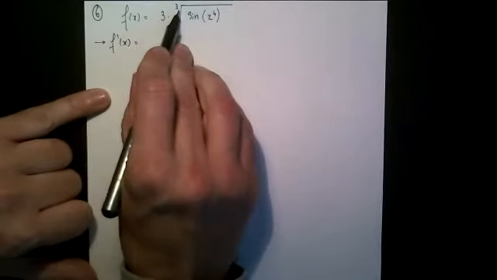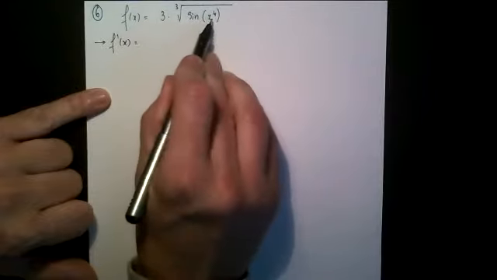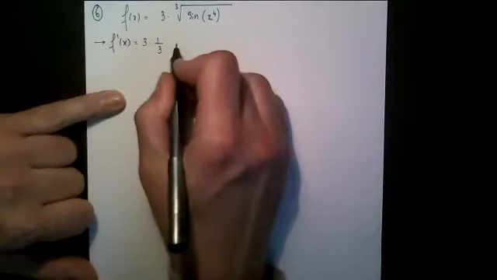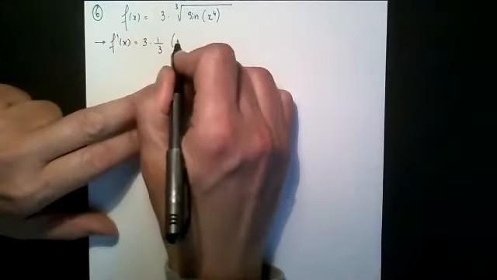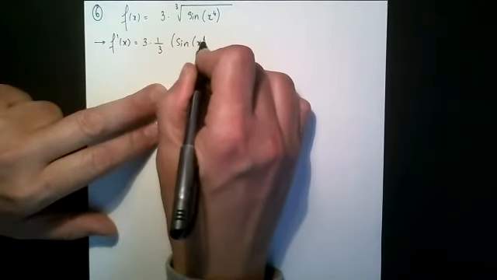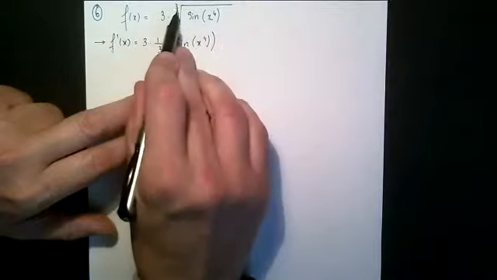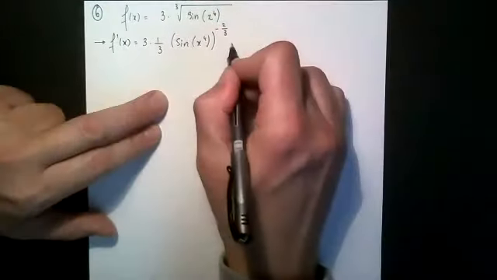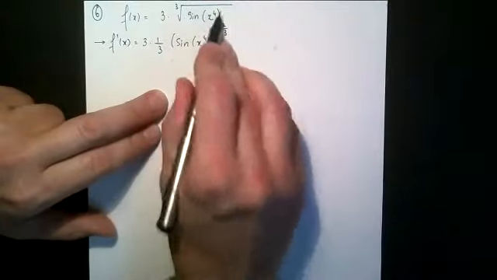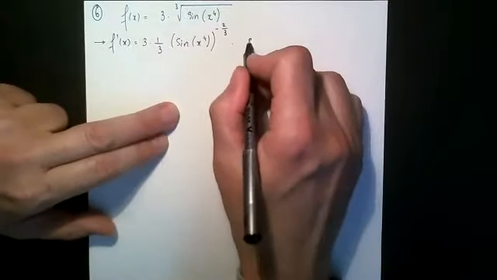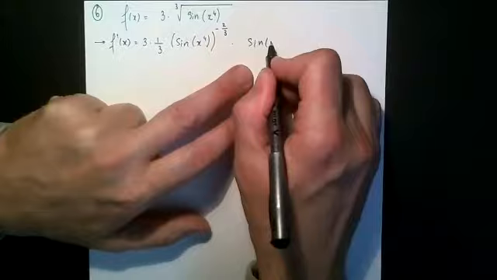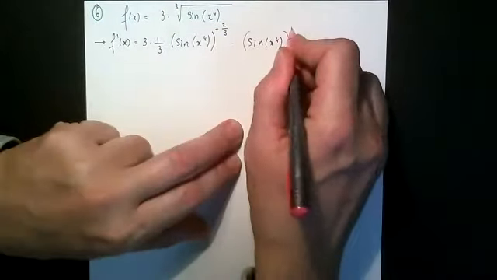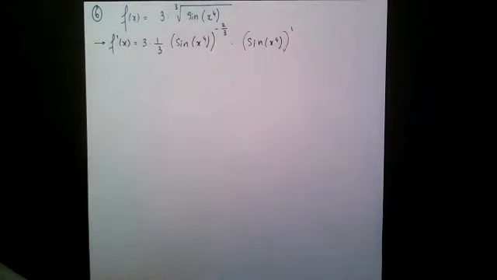The first thing we do is all this is to the power of 1/3, so I put it in front. So 3 times 1/3 times sine of x^4 to the power of 1/3 minus 1, which is -2/3, times the derivative of what's inside the root. So sine of x^4, prime. Okay, so far so good. Any questions at this step?